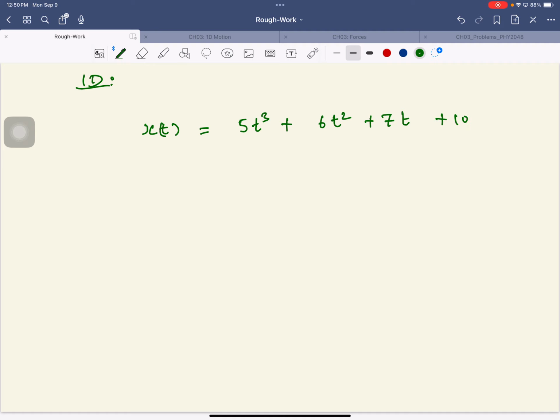Here's a motion described. How do I calculate the velocity? It's dx by dt. This is 15t squared plus 12t plus 7. And how do I calculate the acceleration? The acceleration is dv by dt.